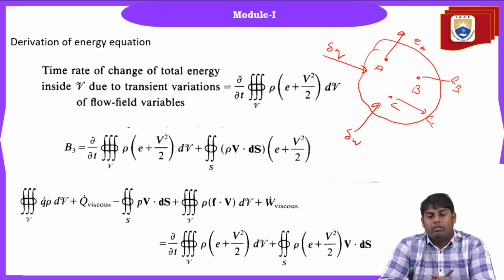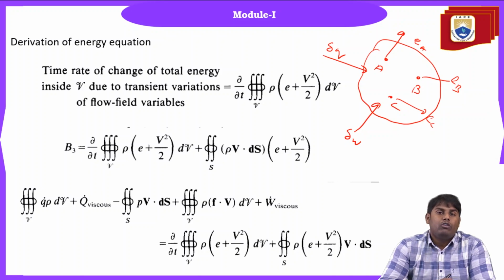Initially they may be equal, but when there is an interaction of work and heat, EA is not equal to EB is not equal to EC, because EA may have a high amount of kinetic energy and low potential energy, EC may have a high amount of potential energy and low kinetic energy, and EB may be different.